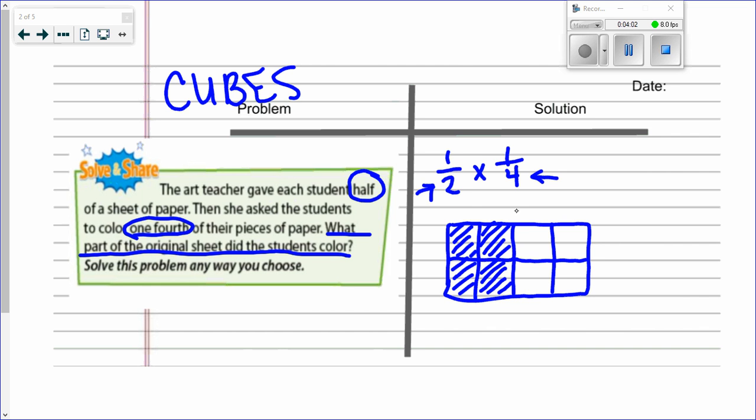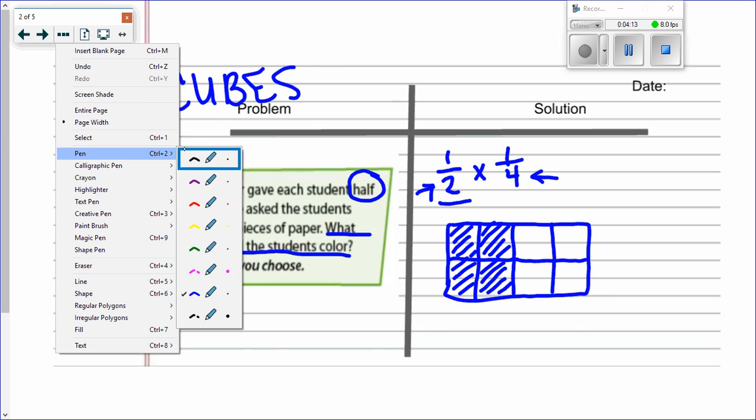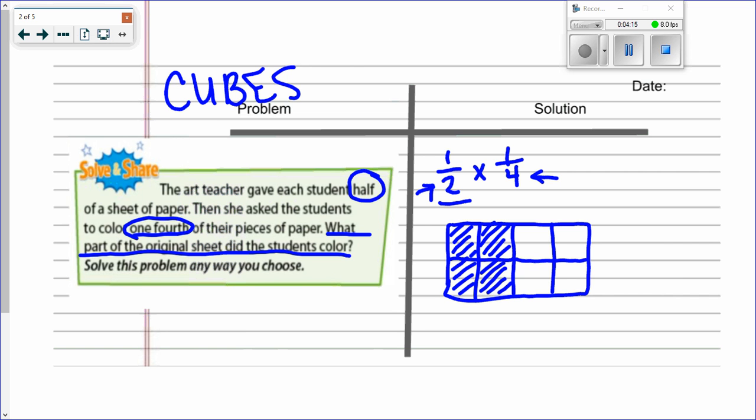So I have just filled in 1/2 of this entire sheet of paper. So I have just represented this part of my equation. I'm going to change colors so we can see this a little bit more easily. Now, of the half sheet I was given, I am going to color in 1/4 of that sheet. I'm going to do that by using this different color, going in a different direction.